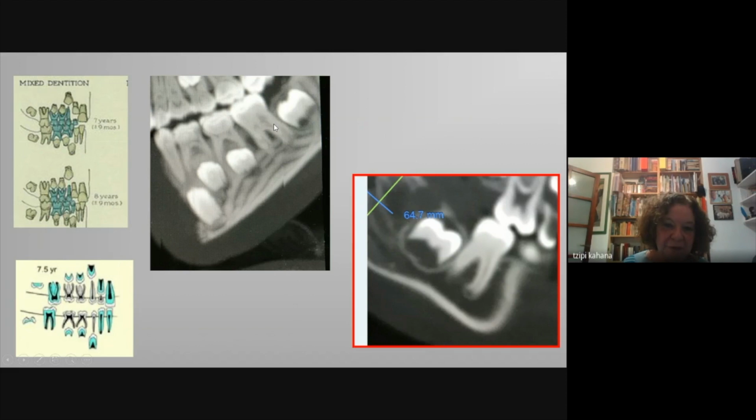This is the first permanent molar that is out, and we have the bud of the second permanent molar within, and we have the buds of the canine and the premolars, and we do the comparison, and we can determine that this child is more or less 7 years old.